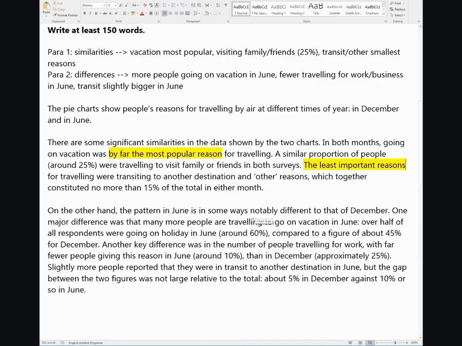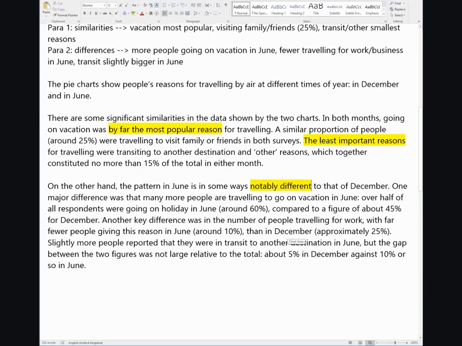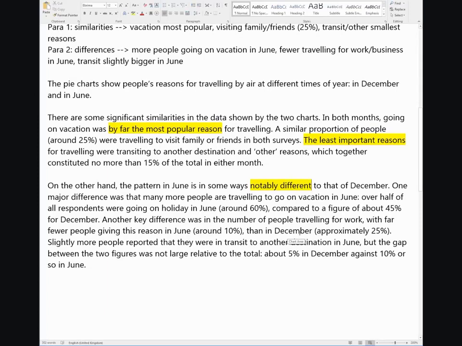What else? Okay, again, notably different, just using an adverb to make it a bit more descriptive. That's the kind of thing the examiner will notice. What else? Yes, okay, far fewer people.